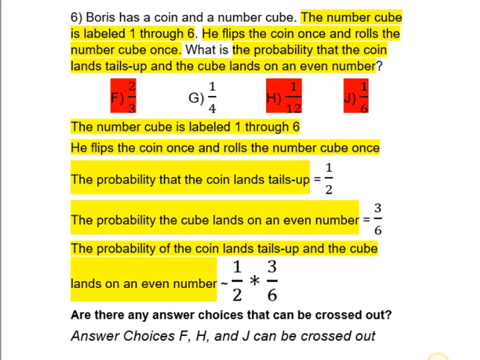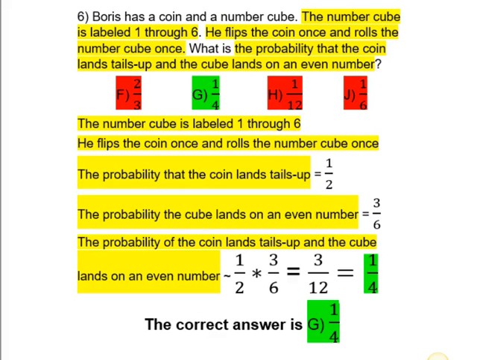That's 3/12. Because it's not simplified, we need to take one step further to simplify it. So our correct answer is G, 1/4. When we simplify 3/12, our answer will be 1/4.